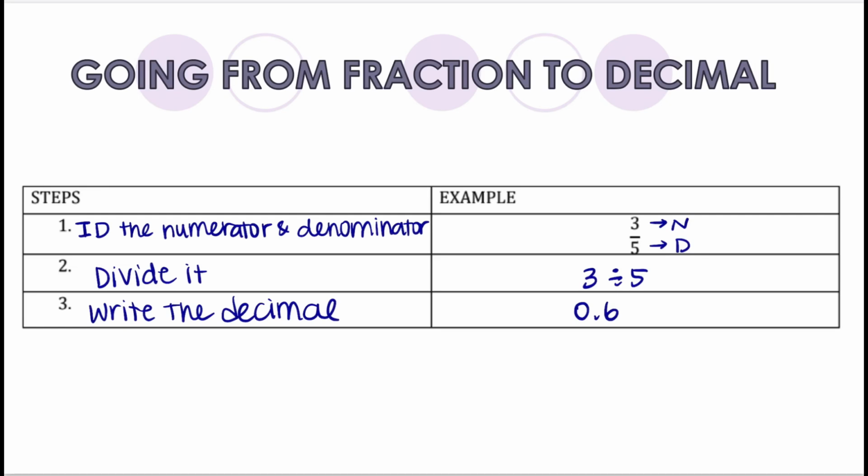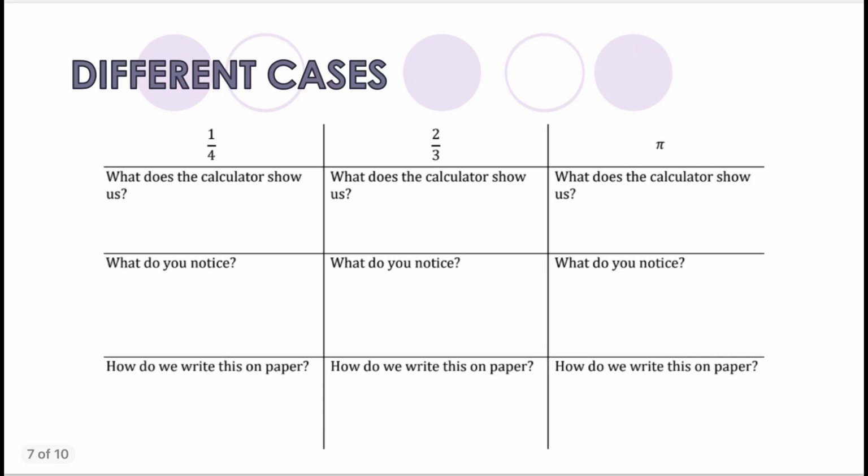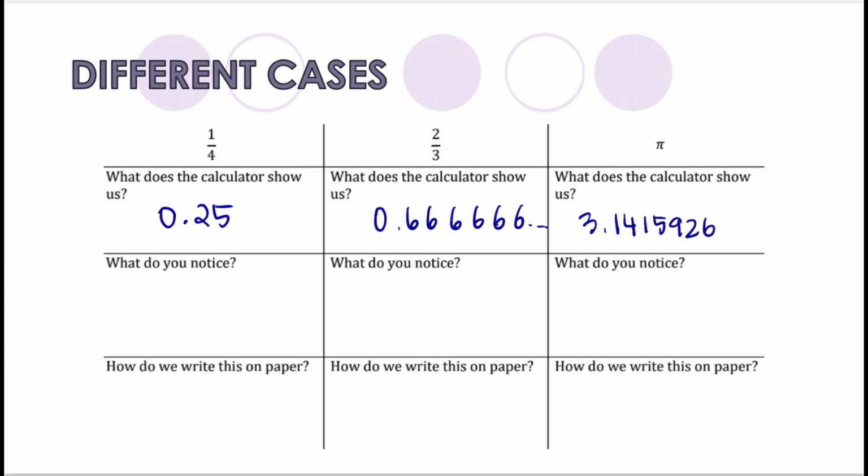There are some different versions of decimals that you're going to come across, and I'm going to address that here. So, for example, 1 divided by 4, if you put that in a calculator, you get 0.25. If you put 2 divided by 3, you get 0.6666666, etc. And if you put pi into the calculator, you have 3.141592653, etc. So you have a couple of different scenarios.